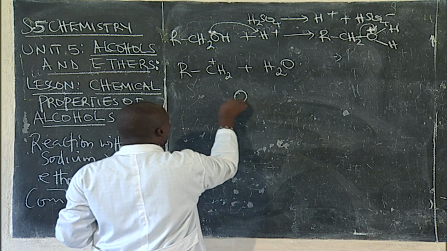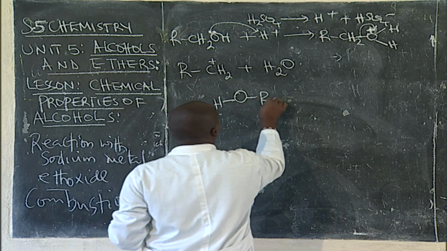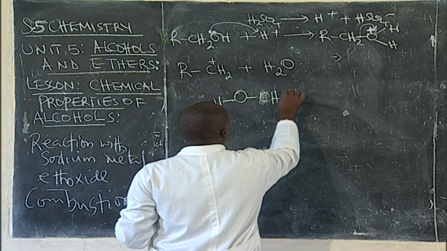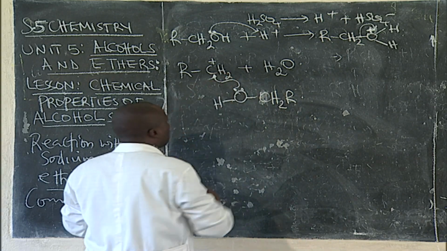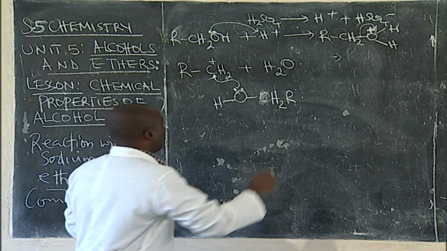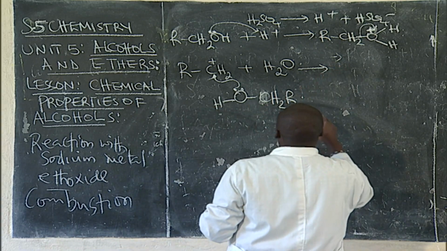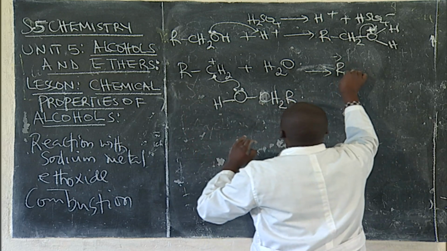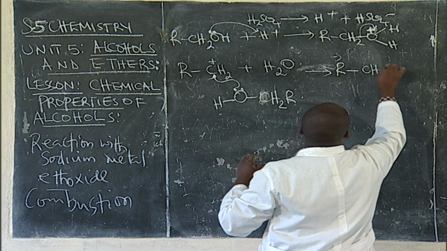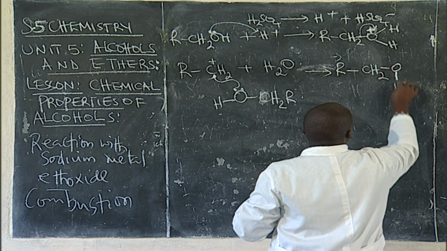So the alcohol, with its lone pairs, will now attack this carbocation. Eventually you'll come up with RCH2 with oxygen, but there is a hydrogen here.